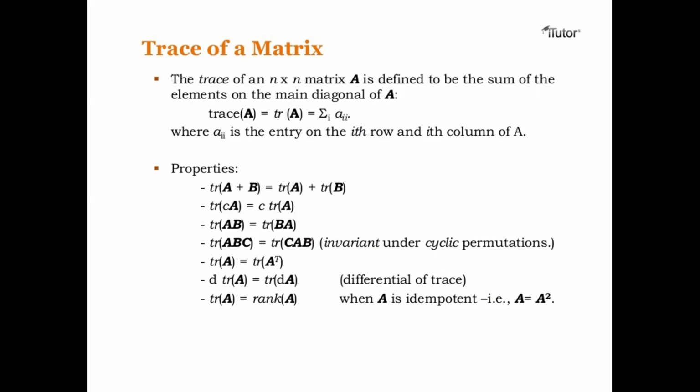Trace of A equals trace of A transpose. Det of transpose trace A equals trace of det A. Differentiation of trace. Trace of A equals rank of A when A is idempotent, that is, A equals A squared.